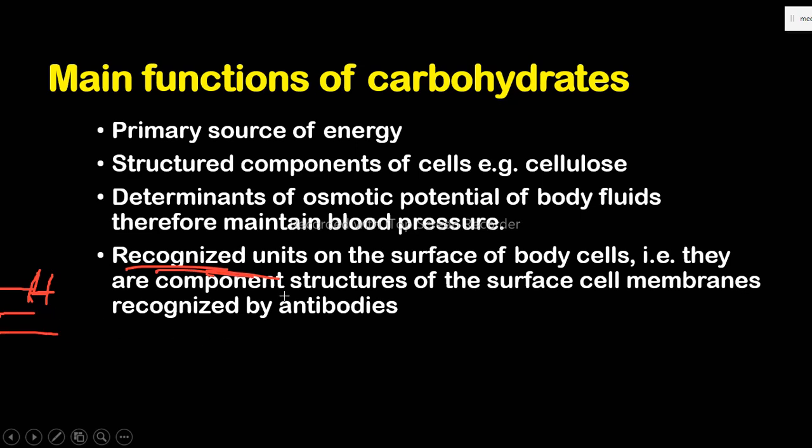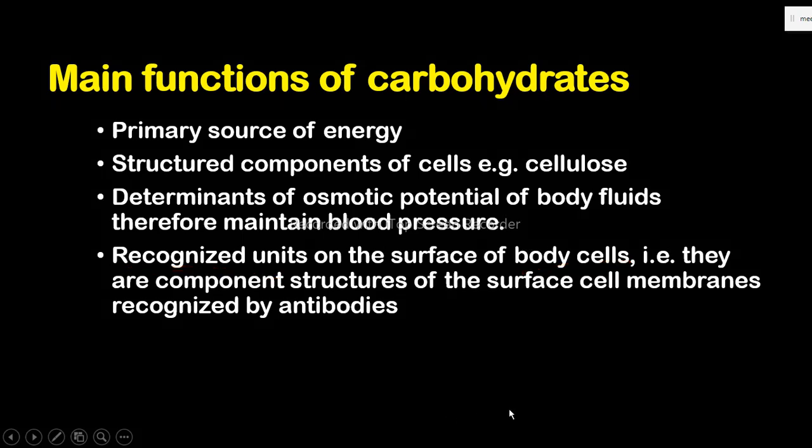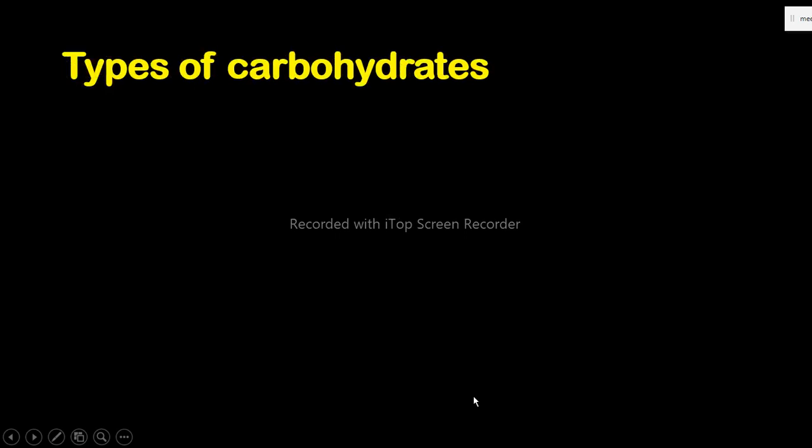But they are all carbohydrates, short chains of carbohydrates. We can call them oligosaccharides that are bound to the protein or the lipid. So without these carbohydrates, I don't know if you'd be able to communicate within your cells.